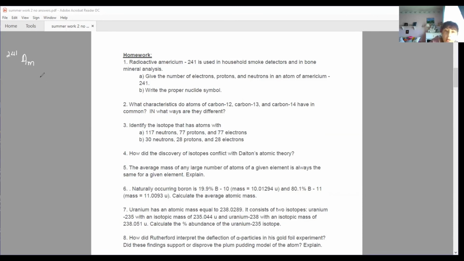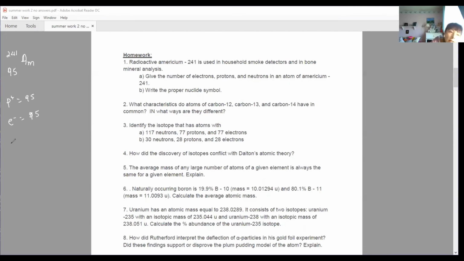So this is the isotope, which is radioactive and actually emits alpha particles, but nevertheless. So the proton number is 95, so 95 goes right there. So electrons, if it is neutral, obviously, so the protons are 95. The electrons are also 95.